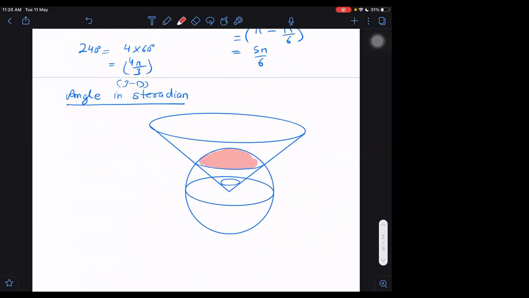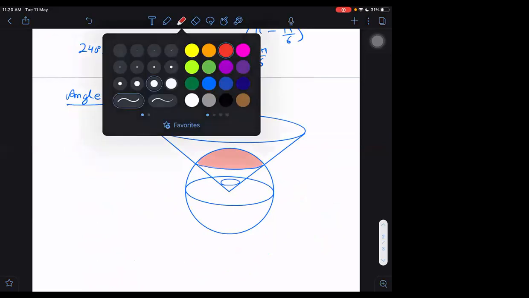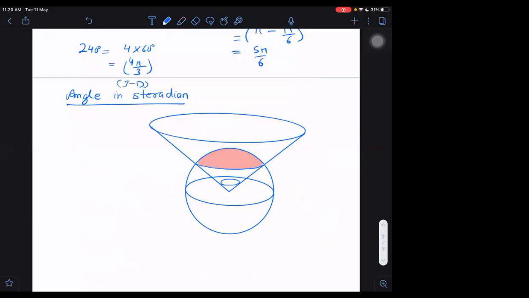The area on the surface of the sphere which lies inside the cone. Okay, the area which lies inside the cone. This area.